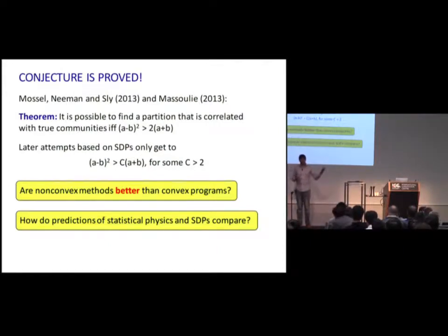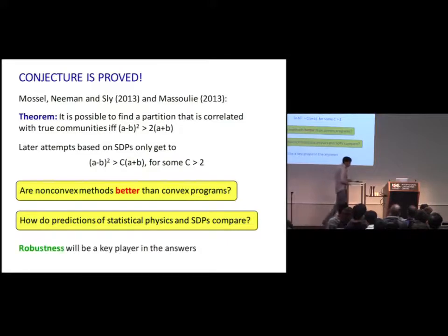We have theoretical computer science and statistical physics. They have some frameworks for making predictions based on belief propagation. And we have our own based on things like semi-definite programs and integrality gaps. But what happens when we study the same problems and our predictions seem different? Who's right and who's wrong? So I'm going to give you a little bit of a spoiler that the answer to these questions will be based on robustness.